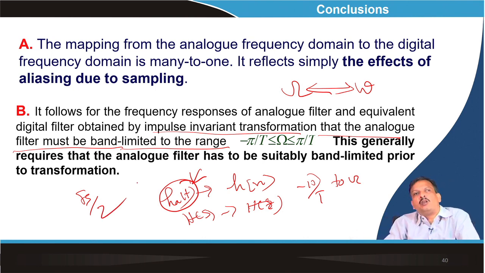The highest frequency component, that is the property of analog to digital conversion. The highest frequency component must be Fs by 2.